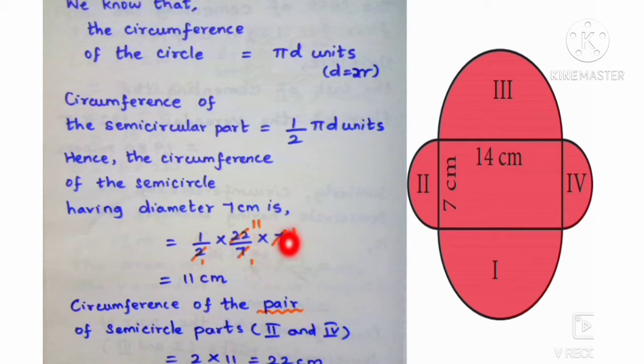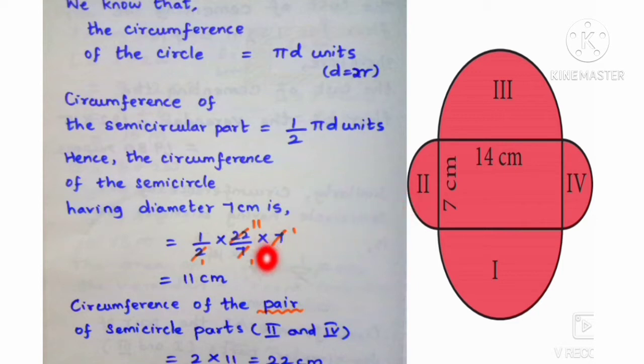Now 7 cancels, and 2 and 22 cancel by the 2 table, giving 11 in the numerator. So we get 11 centimeters, the circumference of the semicircle.